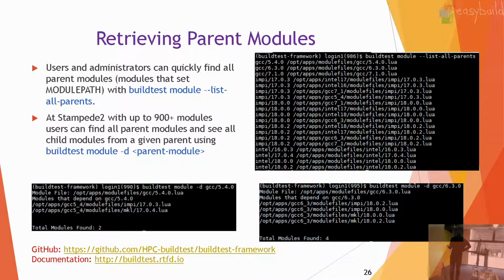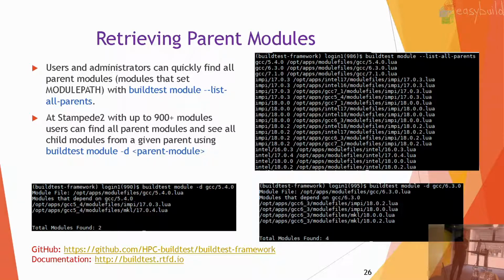The next thing that users can do is take one of these parent modules and then do buildtest module, and then -D, and then take the parent module, and what it does is it prints out all the child modules. Meaning when you load that module, you should see the other tree that comes up, which has all the other modules. And this is a way of finding out where stuff is in your subtrees.